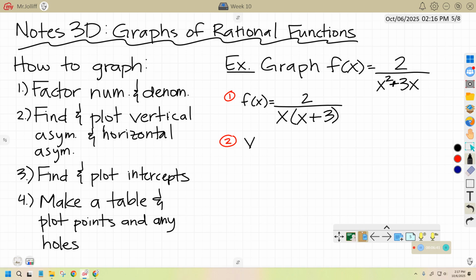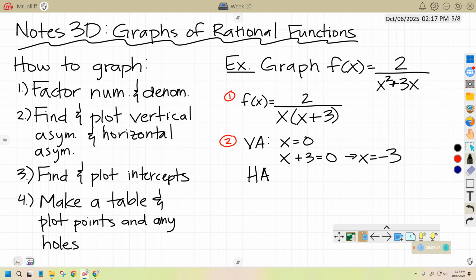So, for vertical asymptotes, I can have x equal to 0 or x plus 3 equal to 0. x equals 0 is solved. Y-axis is an asymptote. x plus 3 equals 0 gives me what? x equals negative 3. Good. So 2 vertical asymptotes. My graph is in 3 sections. Everything less than negative 3, everything between negative 3 and 0, everything bigger than 0. 3 chunks.